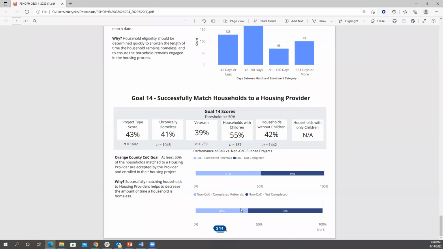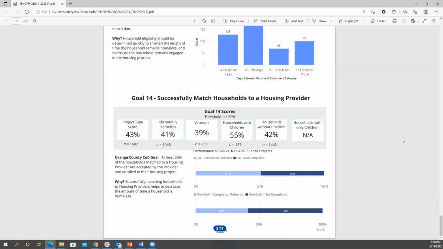But they're in the same ballpark. Right now, our threshold is at least 50% of all matches are accepted. So COC funded projects are meeting it and non-COC funded projects are just below it. But ideally, this would obviously be much higher, just to increase that efficiency as much as possible.